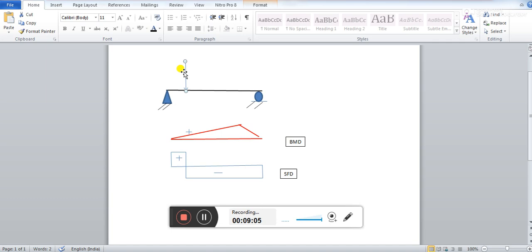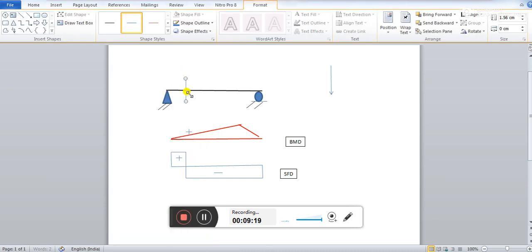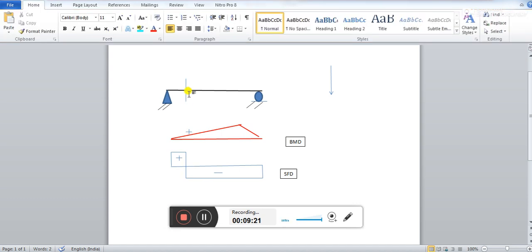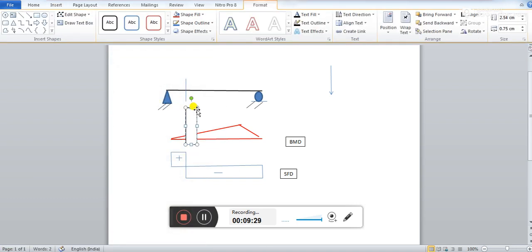So if you want to find out the bending moment at a particular position, let's say I name this as point C. Suppose I call this point C.